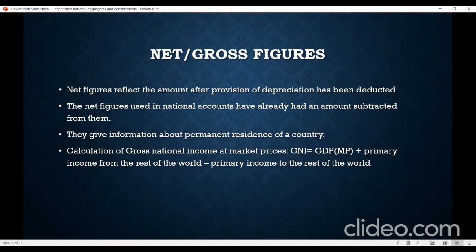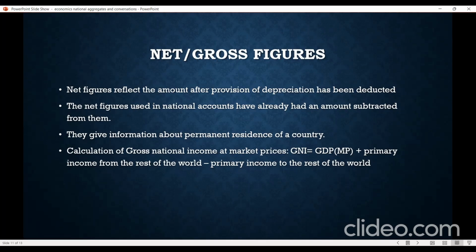It means on our gross figures, the amount for depreciation has not yet been deducted, right? They help give information about the permanent residents of the country. It could be those who are in the country or not in the country, as long as they are permanent residents of the country.